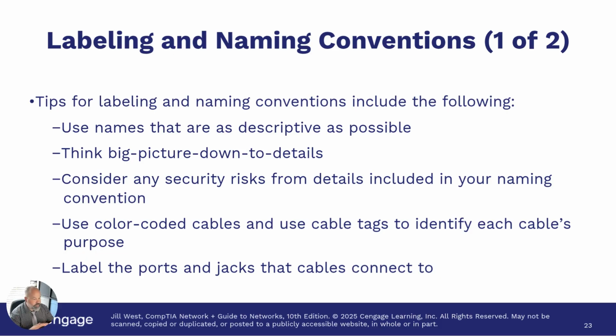Different colors for different purposes is a quick visual representation of identifying some things. And then label both ends. Put a label on the port, put a label on the jack, both ends. Because that makes it a lot easier to find as well, especially when you're getting into tracing wires back from classrooms or offices back to the switch.